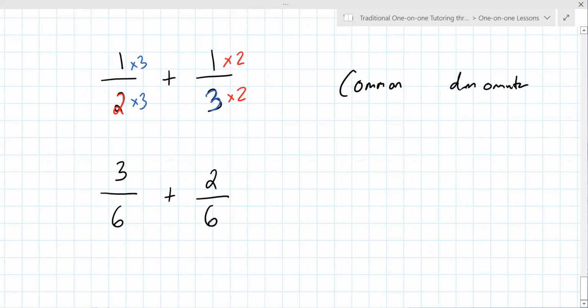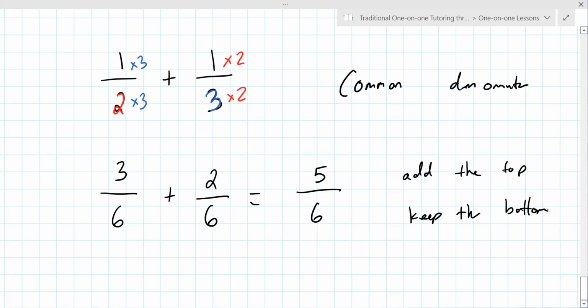Then you would just add the top two numbers. That's right, and you keep the bottom. Add the top, keep the bottom. It's not difficult when you know the steps. You have to make a common denominator though. Very, very important. You cannot do this without making a common denominator.